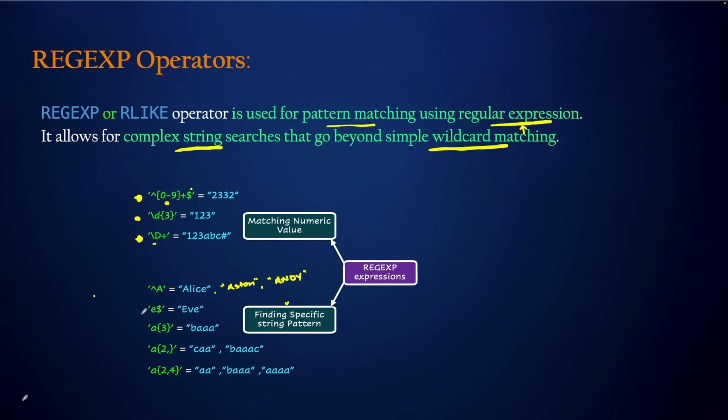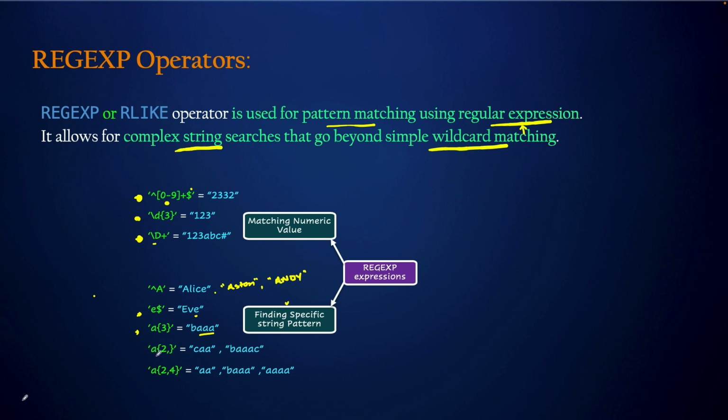Similarly, the next one is any string that ends with a small letter e. After that, it's telling you that A will occur 3 times together. So you can have any string where A occurs 3 times. One example is this one.